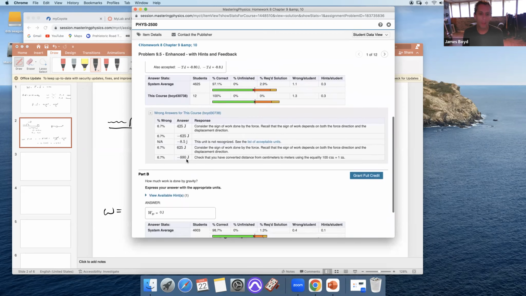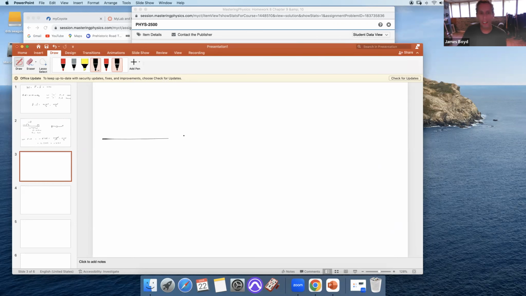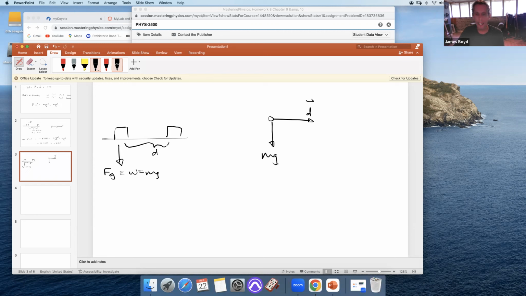How much work was done by gravity? Now, gravity, while this thing is sliding a distance D, is the weight, or mg, down. And if we look at these two, D points this way and mg points down in the negative y, and this would be in the x, and the angle between them is 90 degrees, or negative 90 degrees, actually.